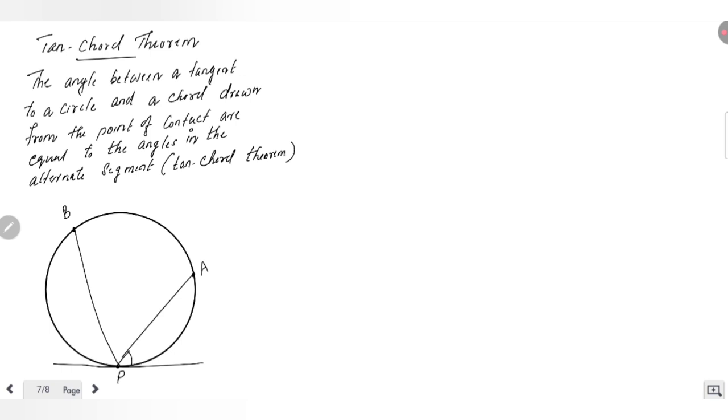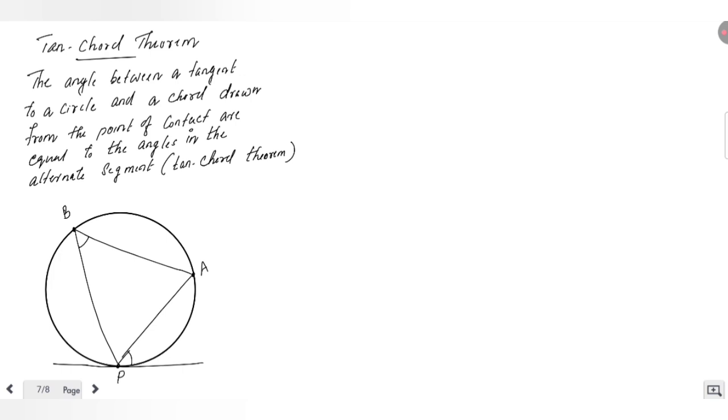From P and from A to B. You see that? This is the angle subtended by the chord. We can see the chord from P and A, two lines going to the circle and meeting at B. This is what is known as angle subtension.